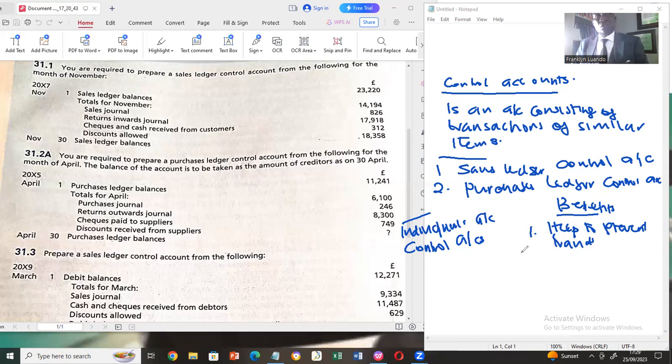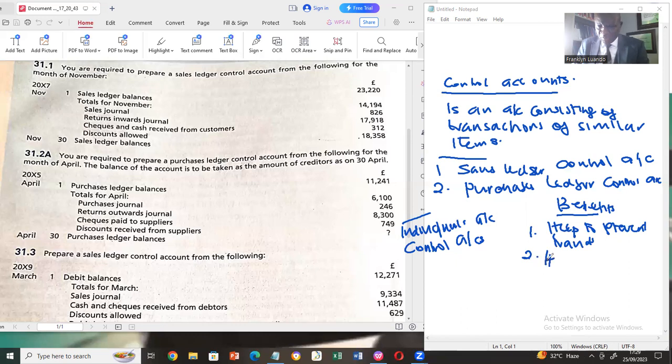Because there are two people doing different sets of accounts, they'll be checking on each other. Number two, they help to locate errors because these two separate accounts must have the same balance. So if they are not balancing, then you have to check for the errors.